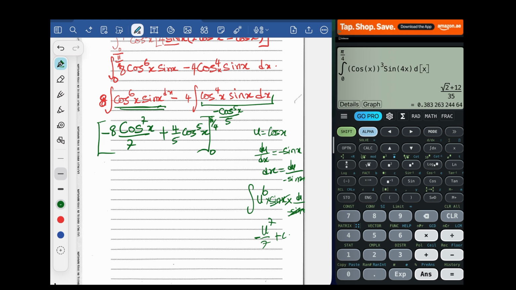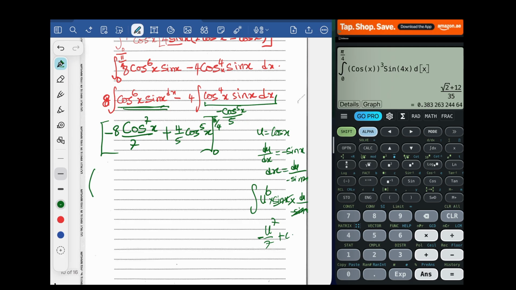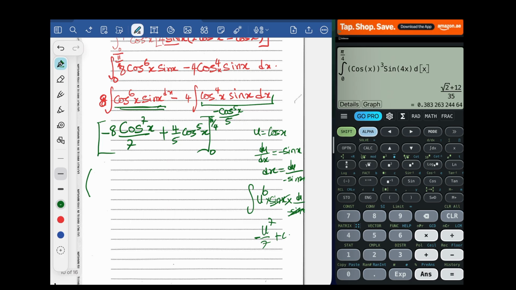You can either do it with u or you can do it with that. So when you substitute your limits, you should get something like this. So I'll just put the first one.